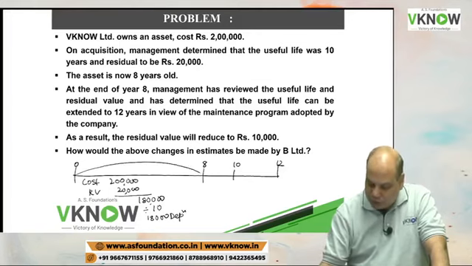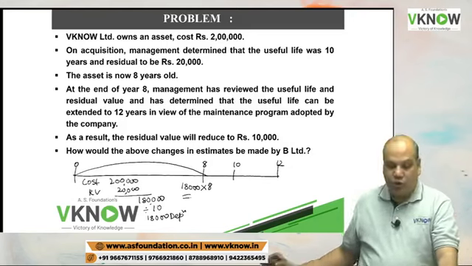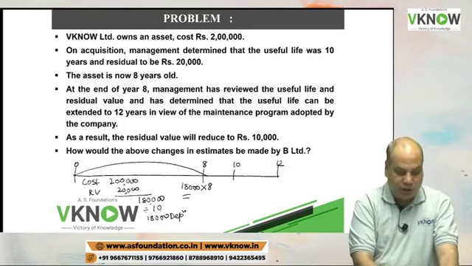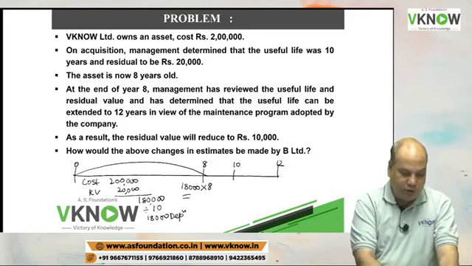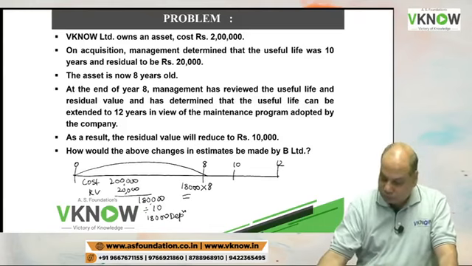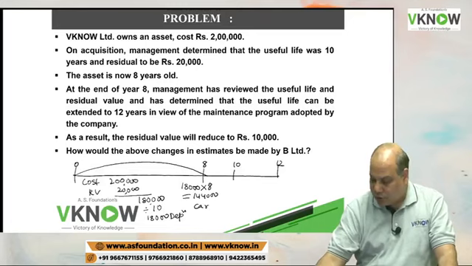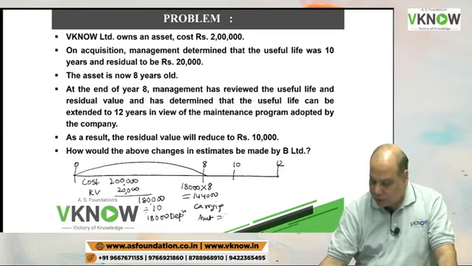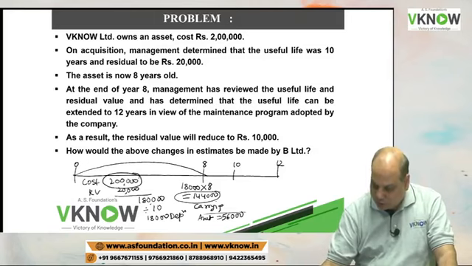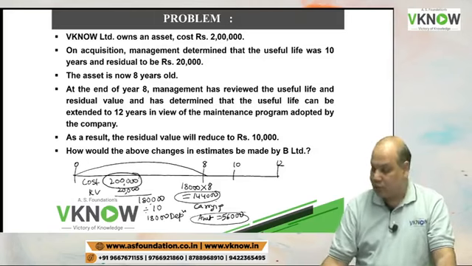You have already depreciated the asset for 8 years. So total depreciation you have provided is 18,000 into 8, 1,44,000, and the carrying amount now is 56,000. 2 lakh minus 144 is 56,000.